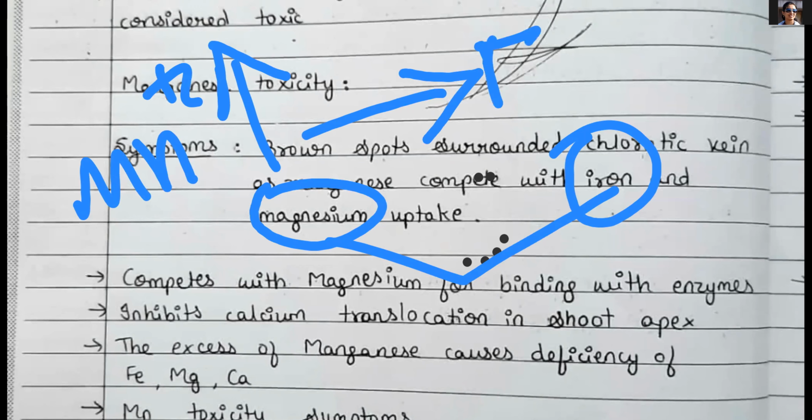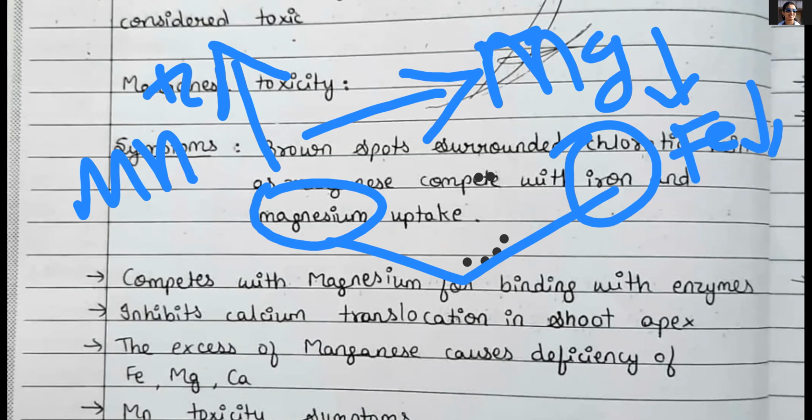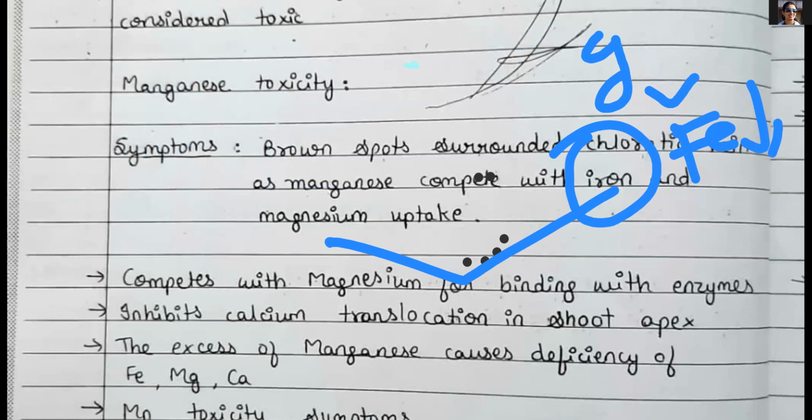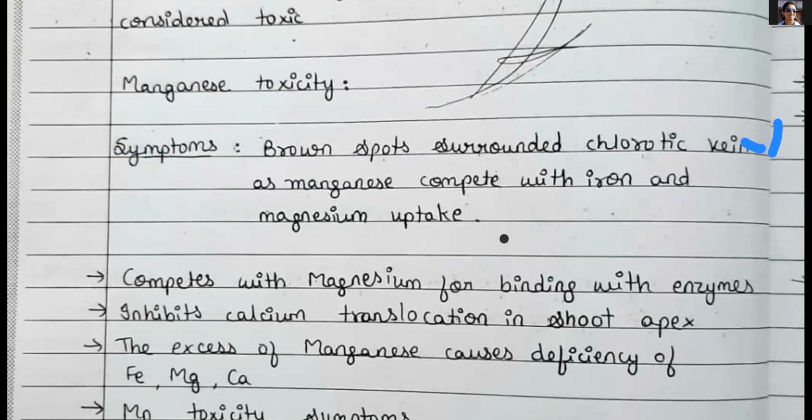Can I say that it decreases the Mg and iron level in the plant? Yes or no? Yes, right. So manganese competes with iron and magnesium uptake.